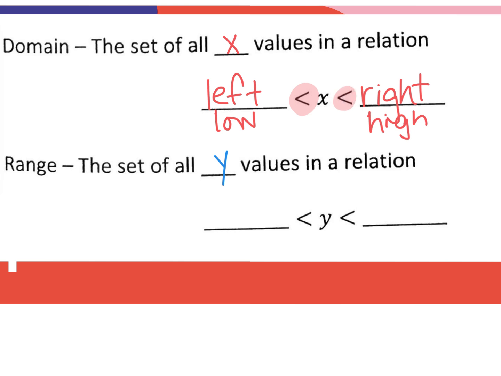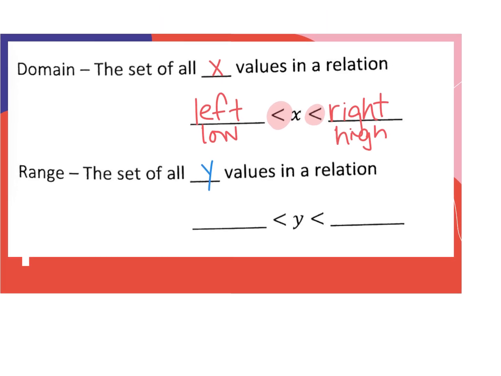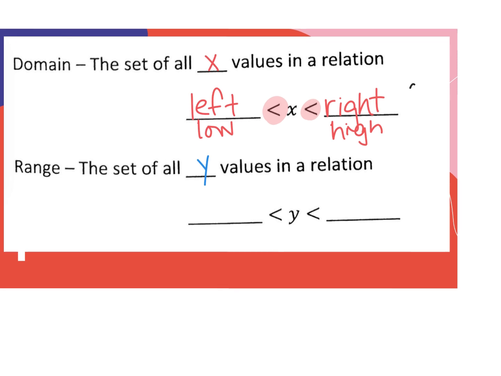On occasion, if we have our closed circle, we've talked about those when we did inequalities. So our closed circle is going to have the or equal to. We may need to add this extra line in those cases. And then our range is going to be bottom to top.